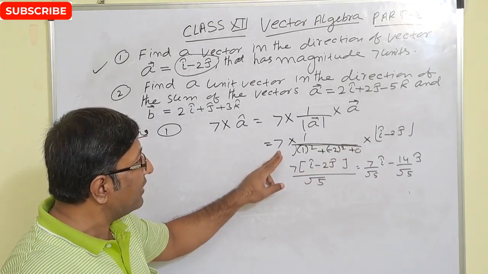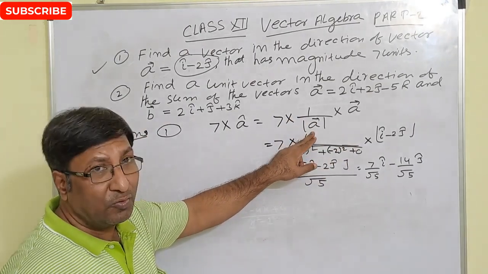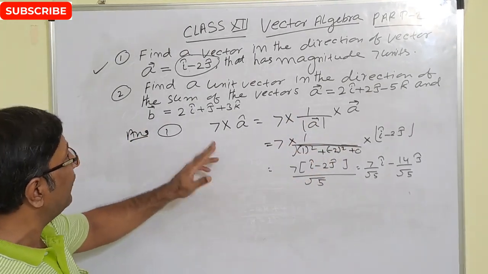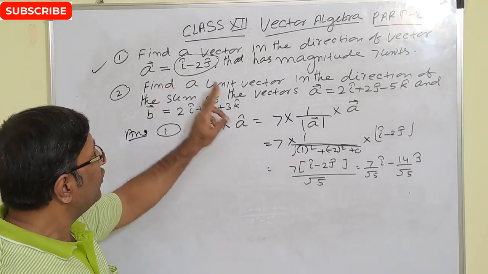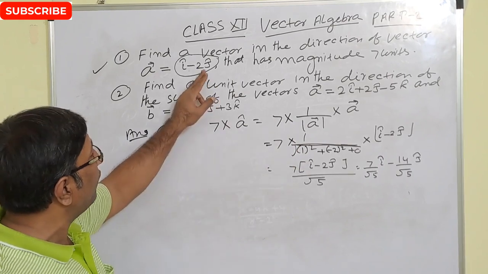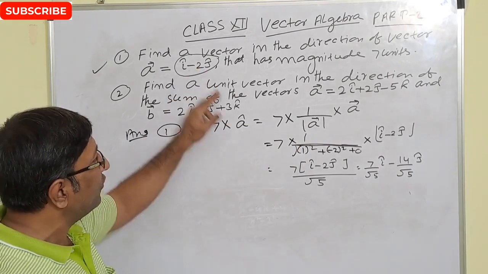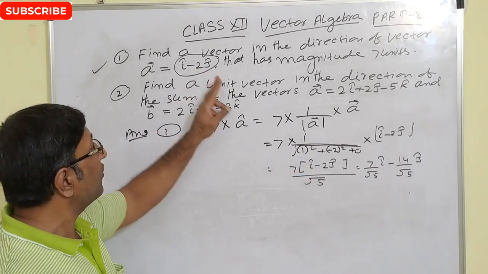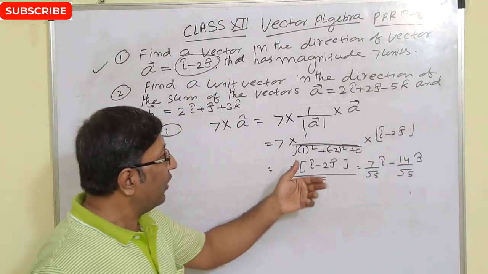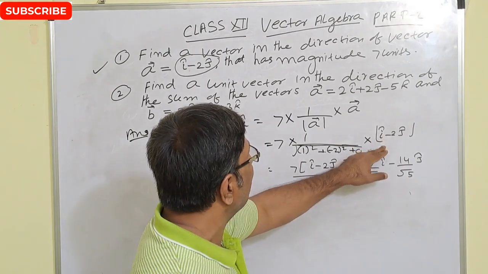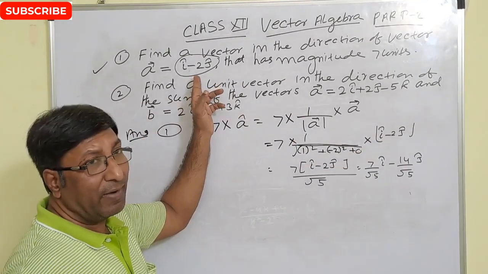So this is 7, and the magnitude of vector A you know: coefficient of unit vector i is 1, so 1 square; coefficient of j is minus 2, so minus 2 square; coefficient of k is not given, that is 0. And multiply by vector A, which is i minus 2j.